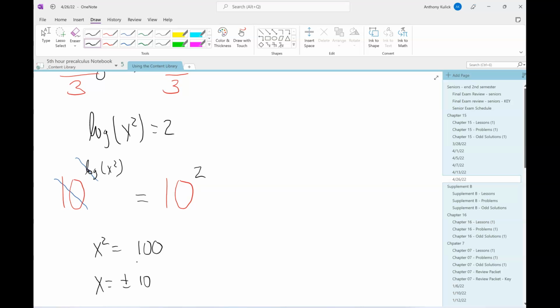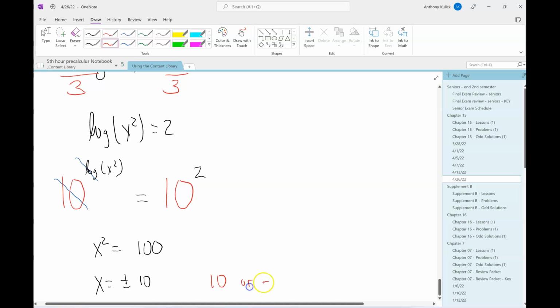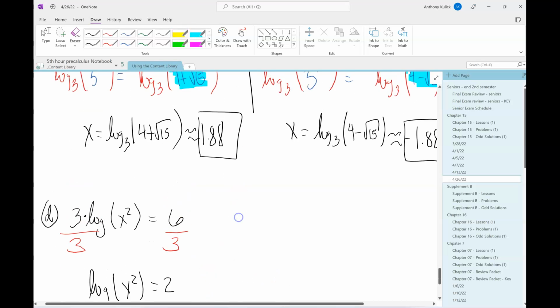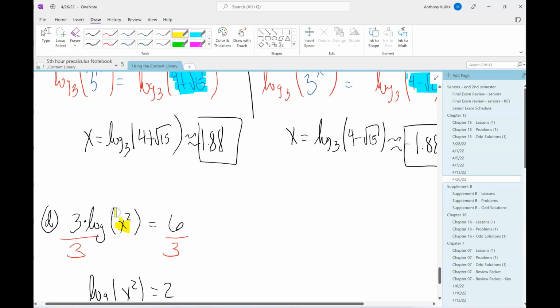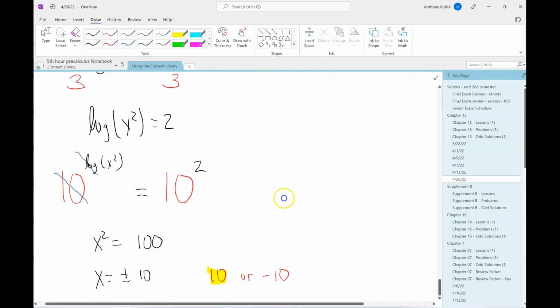So if I go back, I'm going to look at taking my 10. If I plug 10 in for x, and I take the log of that, does it work? Yeah, 10 squared is a positive number. So that's good. That one works.